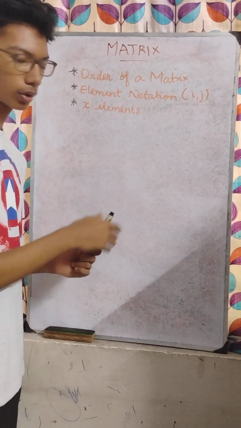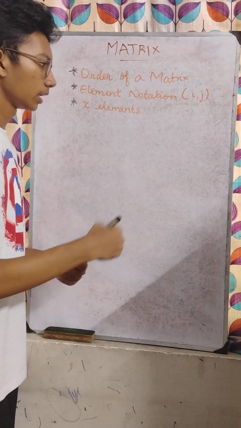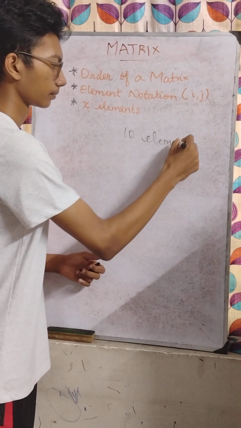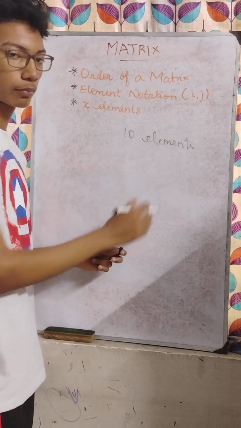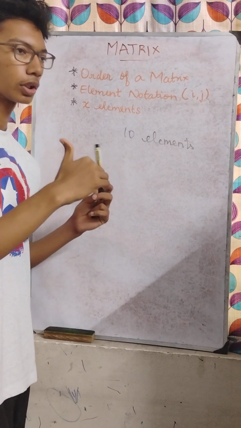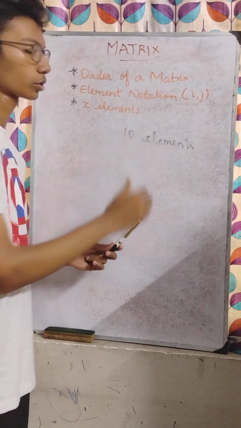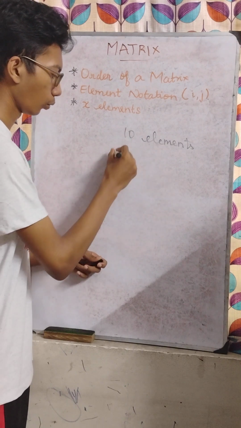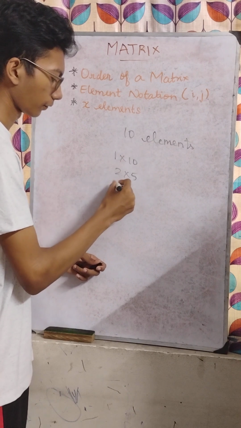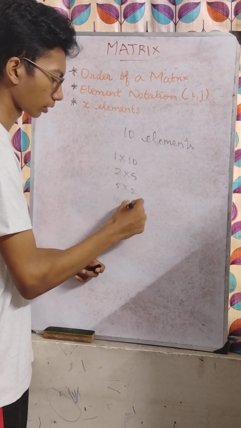Now for what is this x elements, let's say we have 10 elements. 10 is the number of elements in a matrix. What are the possible orders of such matrices? 1 cross 10, 2 cross 5, 5 cross 2 and 10 cross 1.